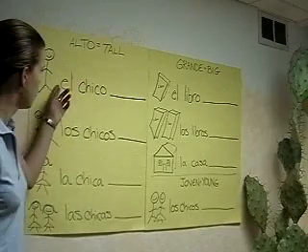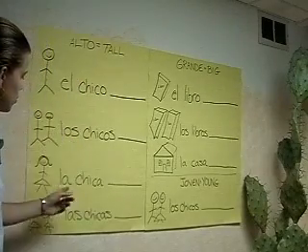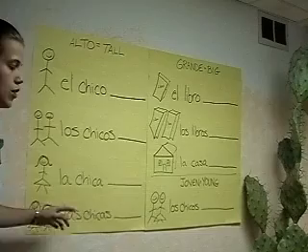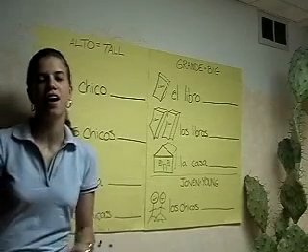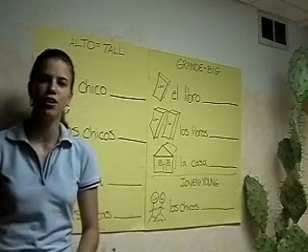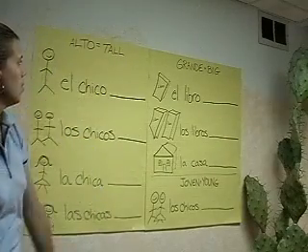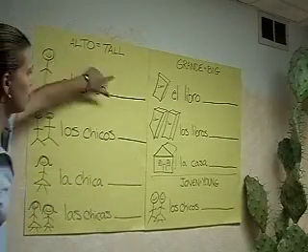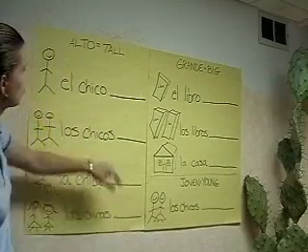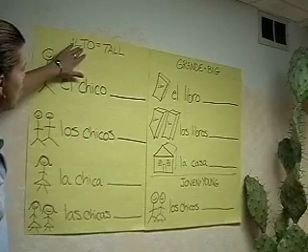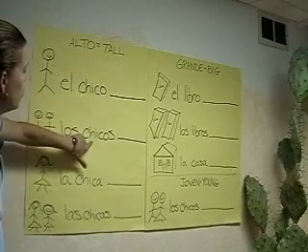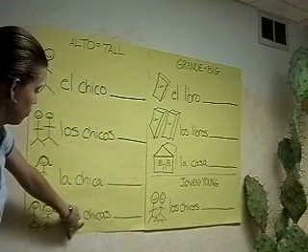We want to talk about el chico, los chicos, la chica, and las chicas. We want to describe them. They all happen to be tall. So we're going to use the adjective alto, which means tall. But we can't just throw alto in each of these spaces here, because we have to make sure that alto matches in number and gender with each of these nouns.